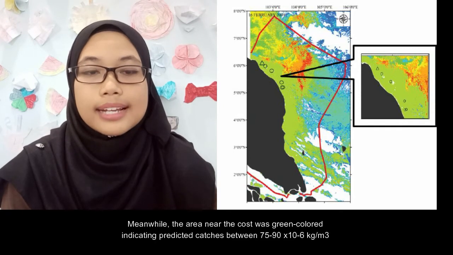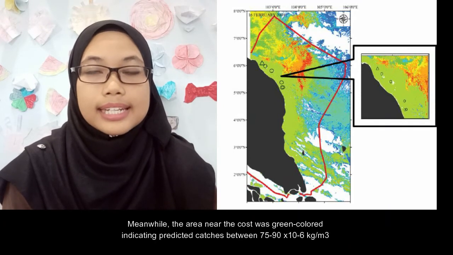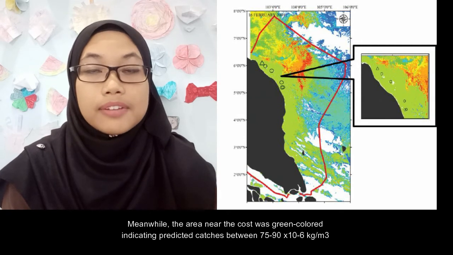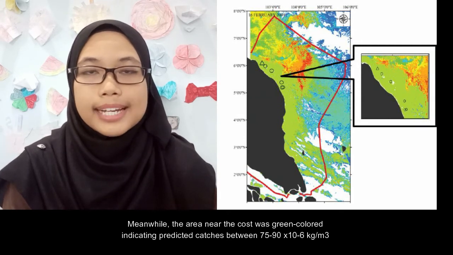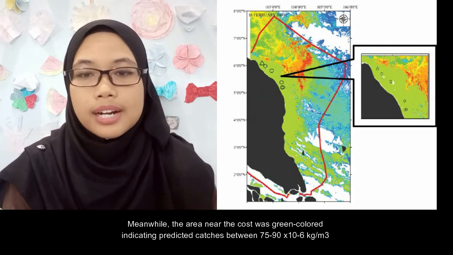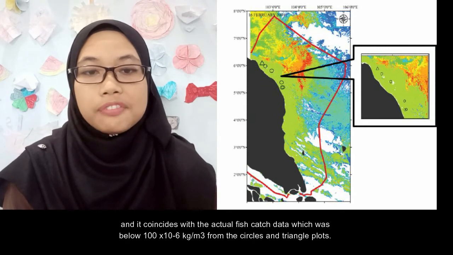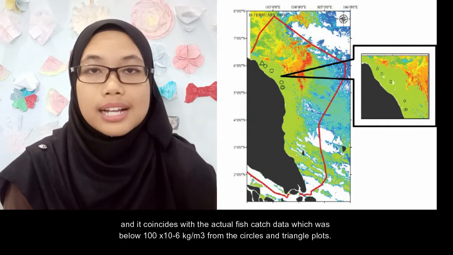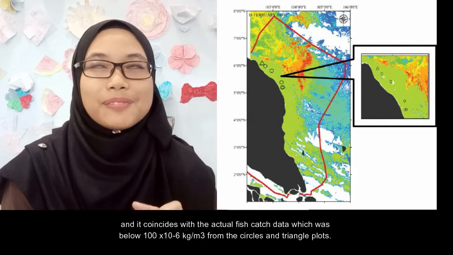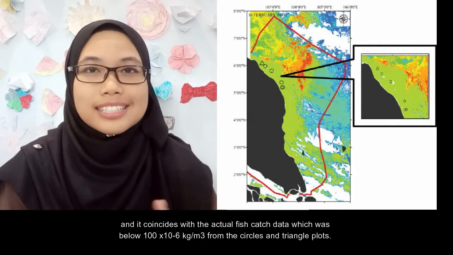Meanwhile, the area near the coast was green colored, indicating predicted catch between 75 to 90 times 10 to the power of negative 6 kg per cubic meter, and it coincides with the actual fish catch data, which was below 100 times 10 to the power of negative 6 kg per cubic meter from the circles and triangle plots. The reliability of the suitability index model prediction indicated 75% accuracy with kappa statistics of 0.7.